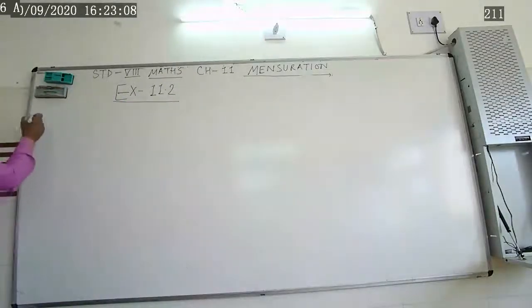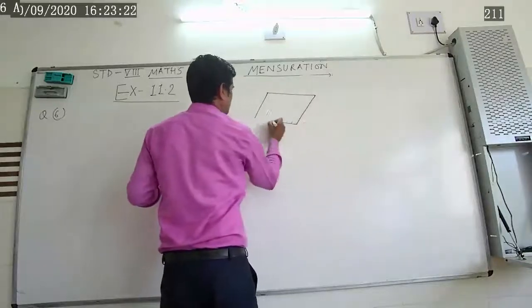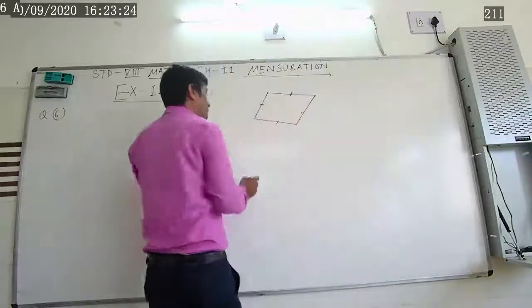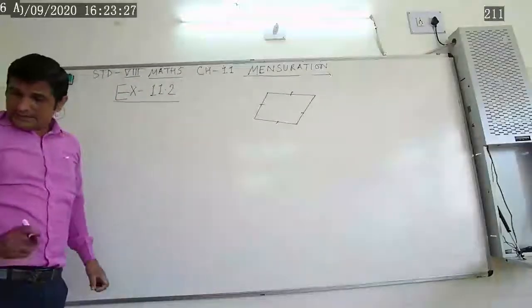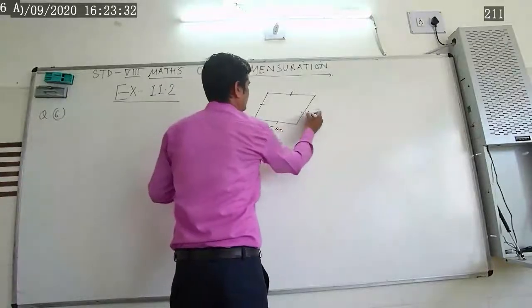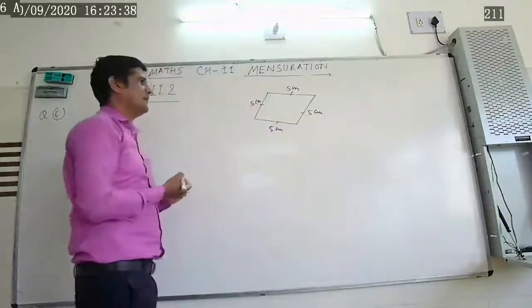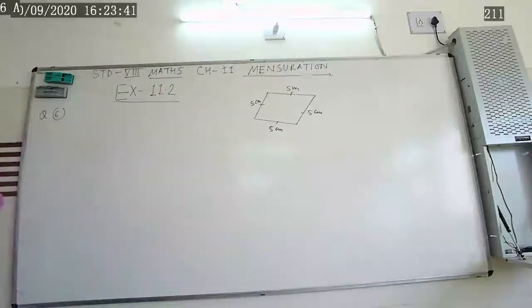Then question number 6. Given one rhombus, it's given side 5 centimeter, clear everybody?